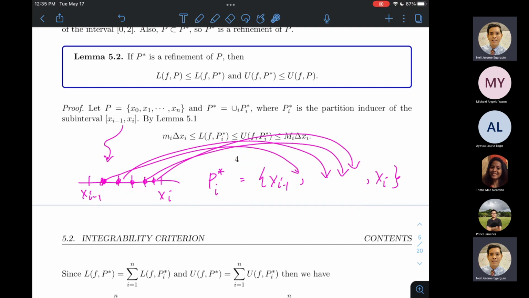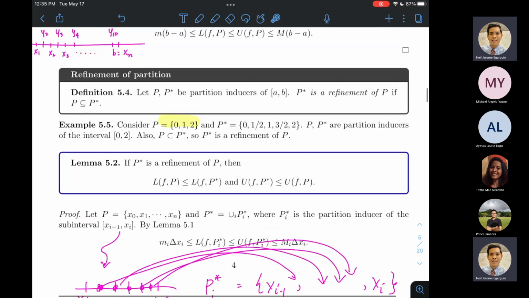Alright? Pero dahil bawat isang P sub I star ay isang partition inducer, hindi nga lamang nung parent interval, pero nung bawat isang sub-intervals, gagana pa rin yung lemma 5.1.